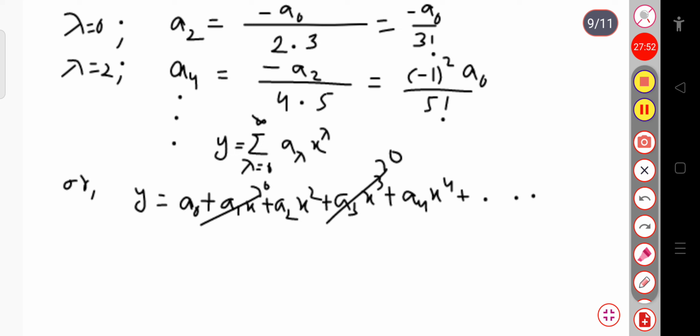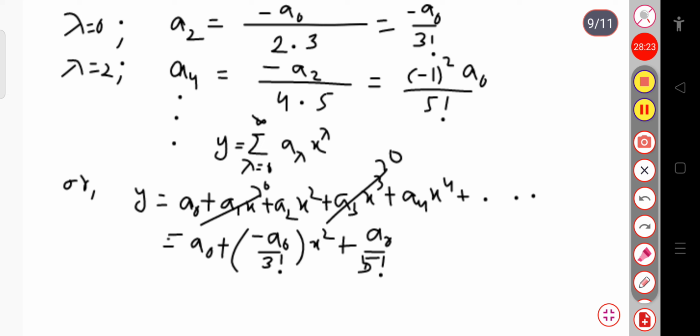So we can write this as a0 plus, in place of a2 I can write minus a0 by 3 factorial, so this will be minus a0 divided by 3 factorial into x square plus, in place of a4 I will write minus 1 square, that is plus 1 a0 divided by 5 factorial into x power 4 plus so on.